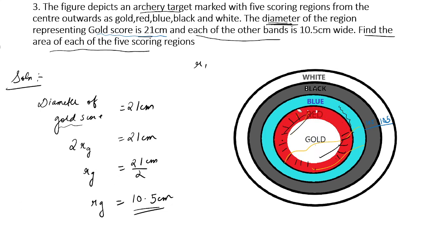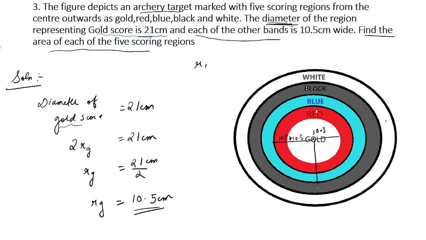I think the best way to understand this would be with the help of a given radius. It's fairly easy to understand. So what did we get for gold? We got that this was 10.5. Now you focus on the circle red. The radius will be from here to here, so 10.5 is the radius of gold, plus 10.5 will give you the radius of red.